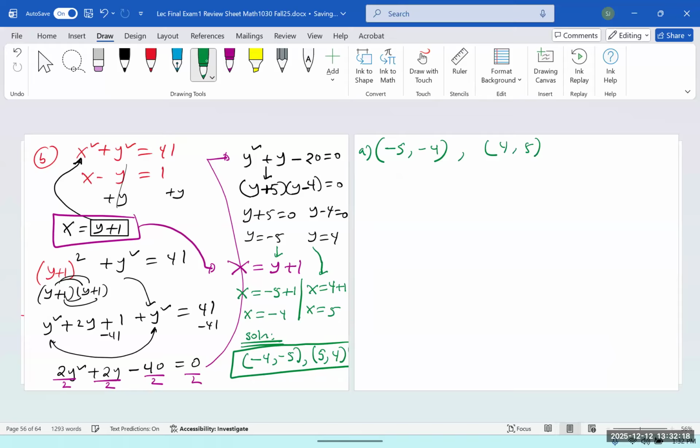Choice B: -5, 4, and then -4, 5. Choice C: -4, -5, and then 5, 4. See, all of these are very close to one another. So which one is correct?